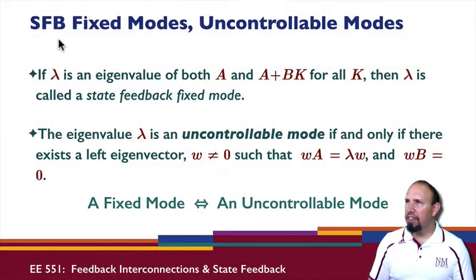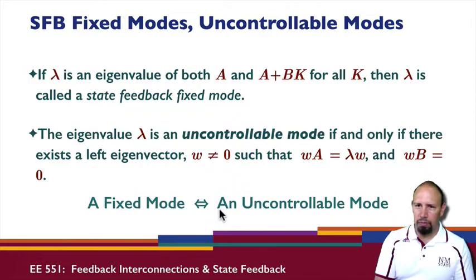We've talked about state feedback fixed modes or uncontrollable modes. We saw that if lambda is an eigenvalue of both A and A plus BK for all K, then lambda is called a state feedback fixed mode, and we've already shown that such an eigenvalue is an uncontrollable mode. So a state feedback fixed mode is equivalent to an uncontrollable mode.